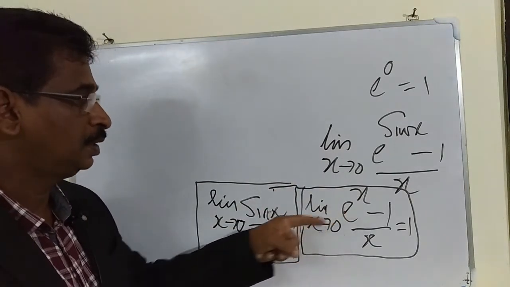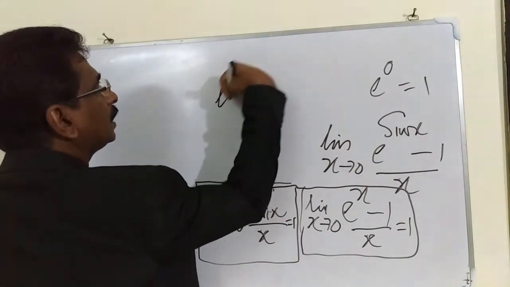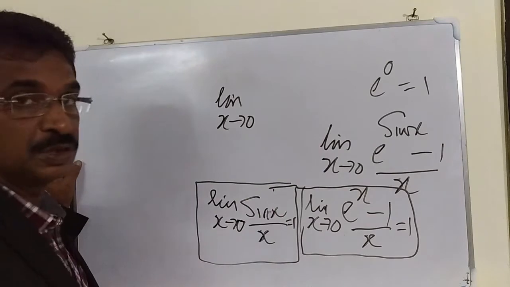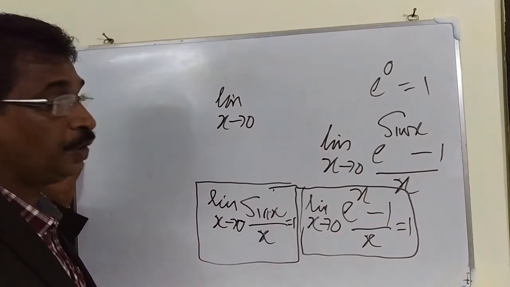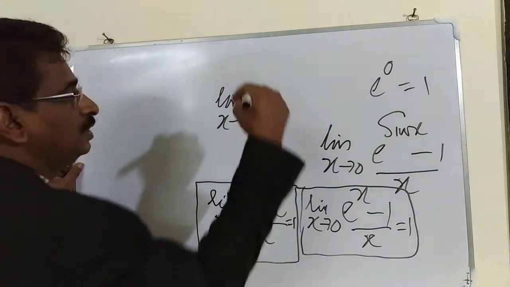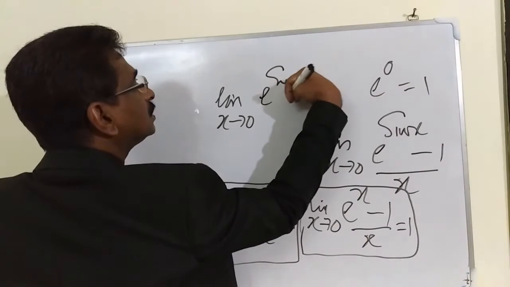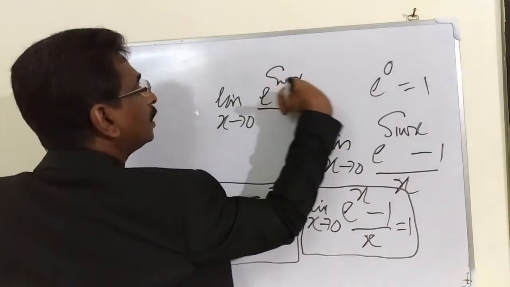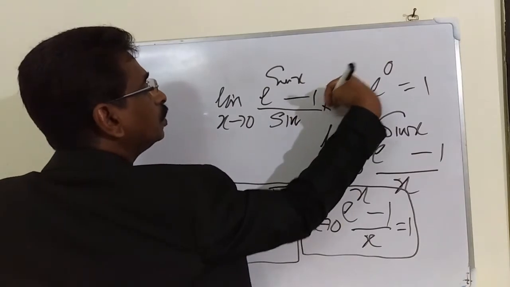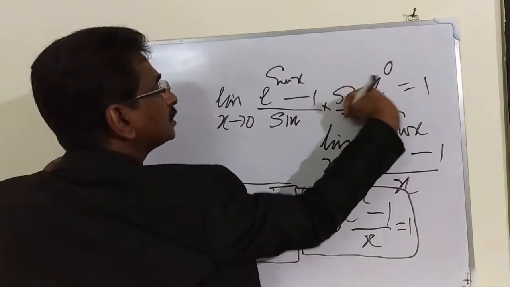So first of all we are going to write limit x tends to 0 of e raised to, and I am going to divide the numerator and denominator by sin x. That is (e raised to sin x minus 1) by sin x, into sin x by x.